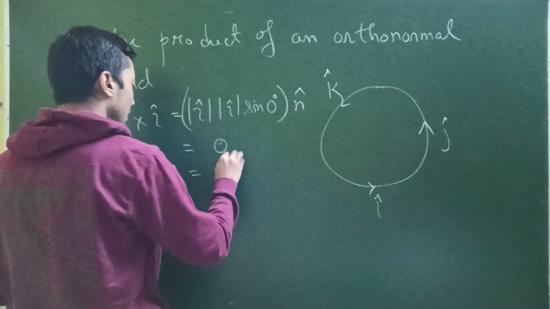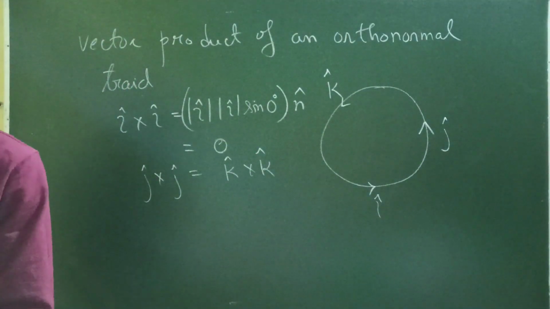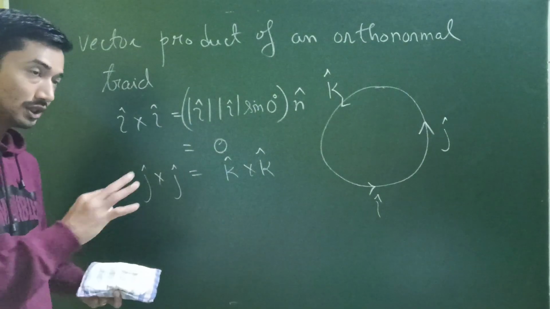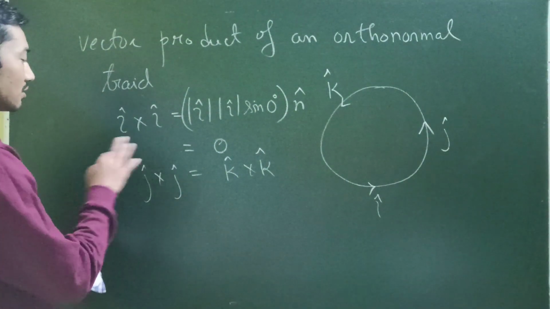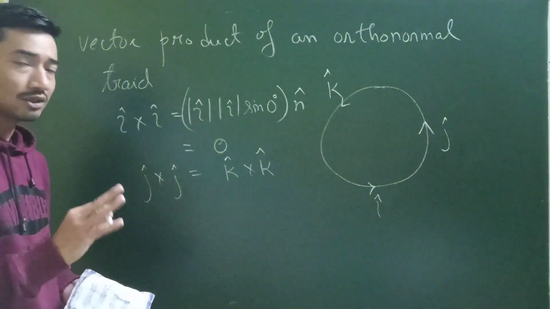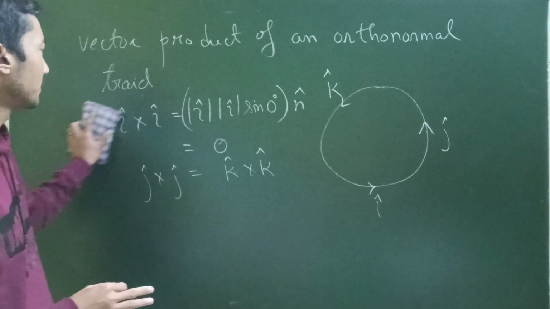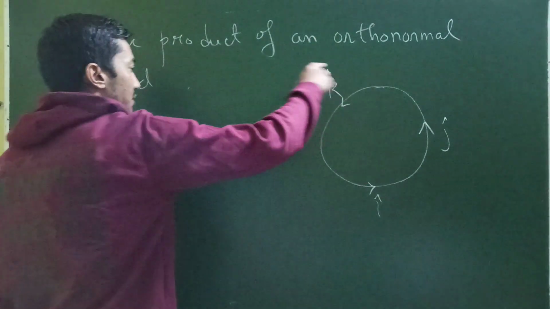J cross J, K cross K will of course be 0. That's how things are going to be slightly different now. That means I cross I, J cross J, K cross K is going to be 0, unlike in dot product, which was 1.